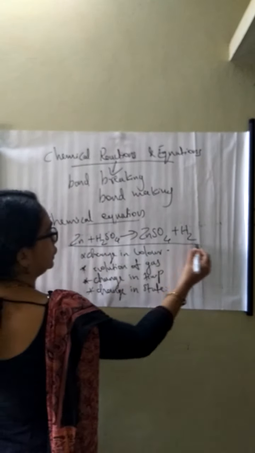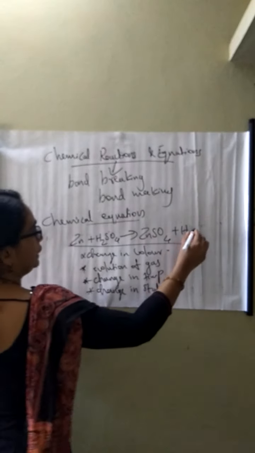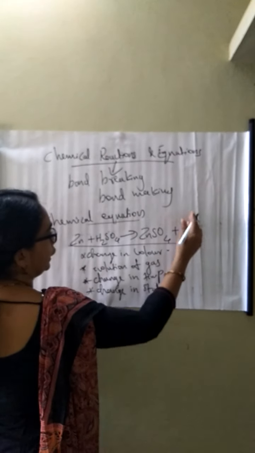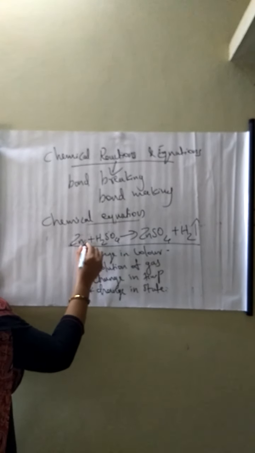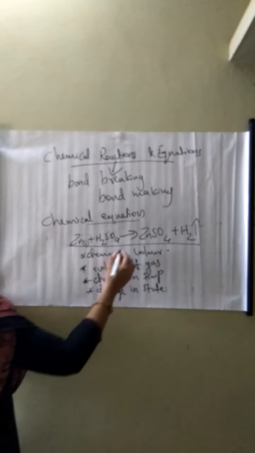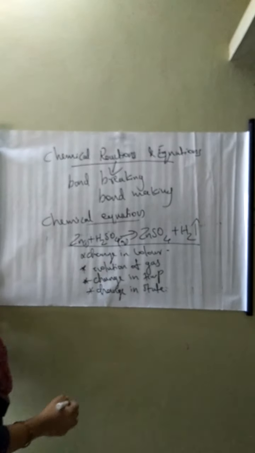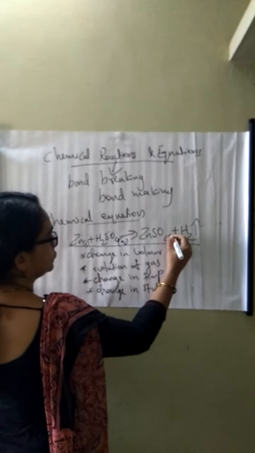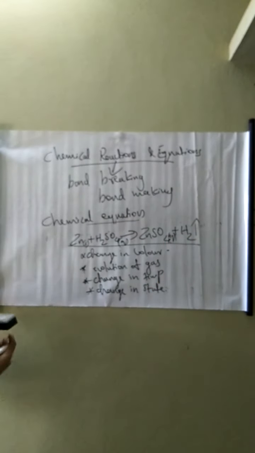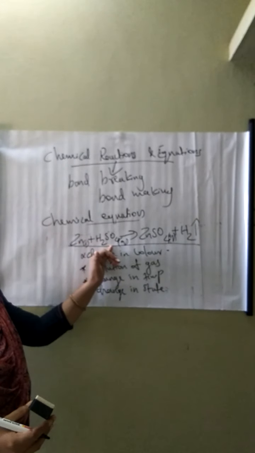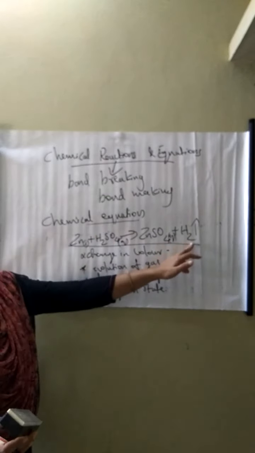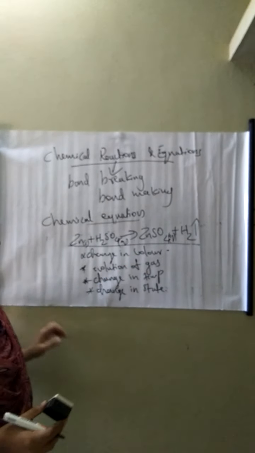You can see here in this reaction, hydrogen gas is evolved. This upward arrow represents a gas. We are putting zinc granules in solid state and sulfuric acid aqueous. Aqueous means dissolved in water, and zinc sulfate aqueous. So when the reaction takes place, zinc reacts with sulfuric acid, and hydrogen gas and zinc sulfate are produced.